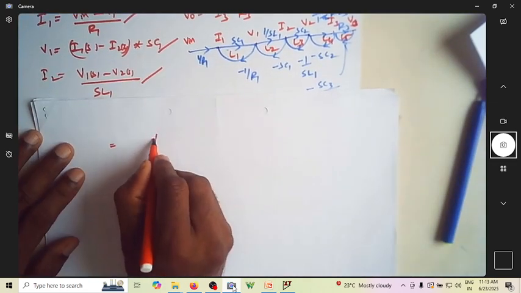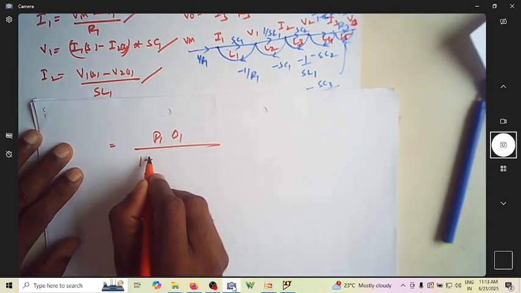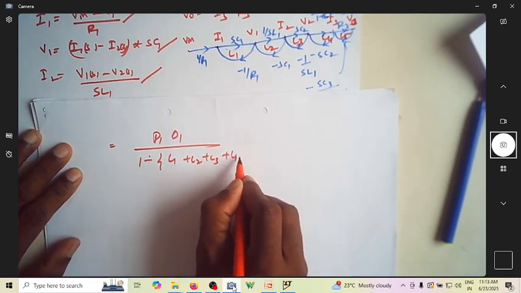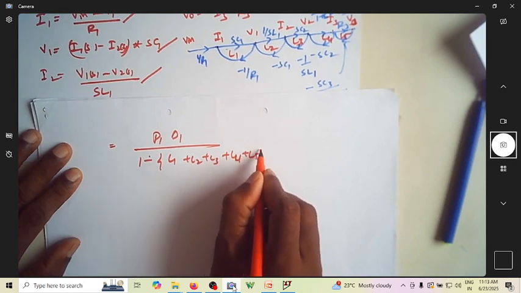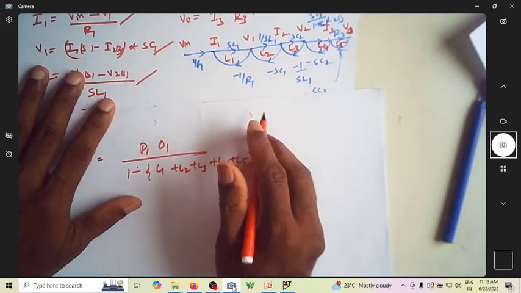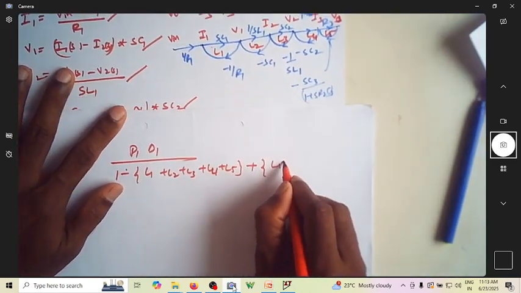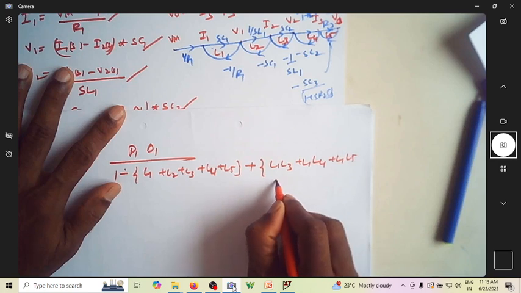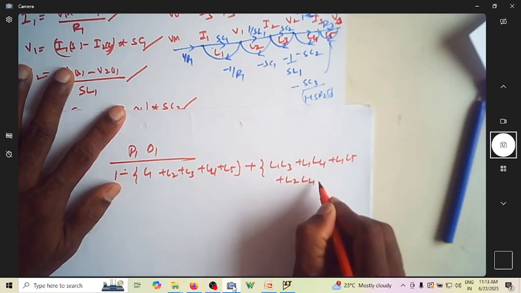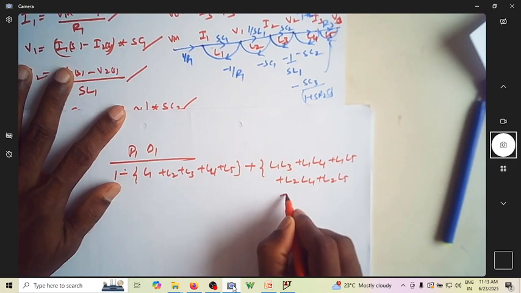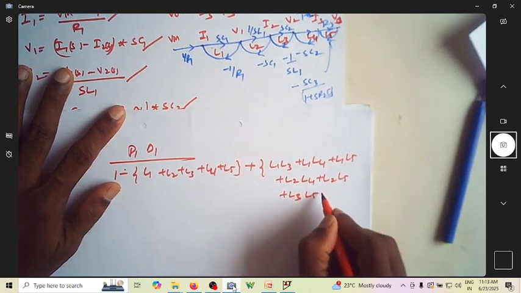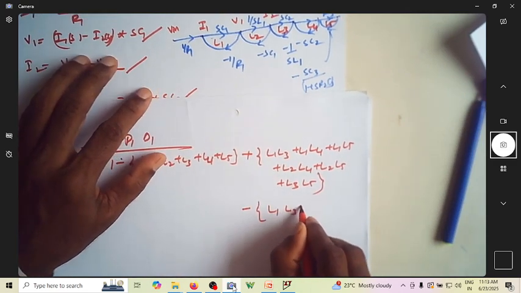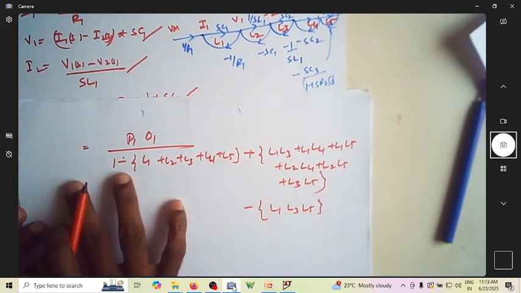So here it is P1 delta 1 by 1 minus the sum of L1 plus L2 plus L3 plus L4 plus L5, plus the non-touching loops L1L3, L1L4, L1L5, L2L4, L2L5, L3L5, minus the three non-touching loops L1L3L5.